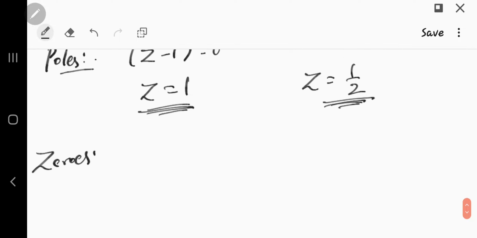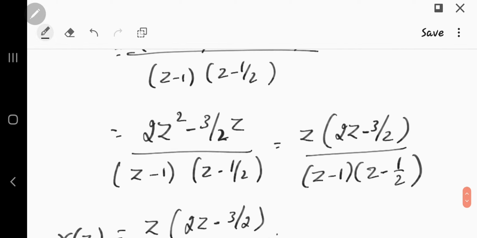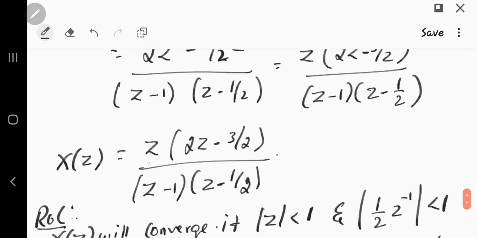Coming to zeros, equate the numerator, that is this term, to 0. So z into 2z minus 3 by 2 is equal to 0.